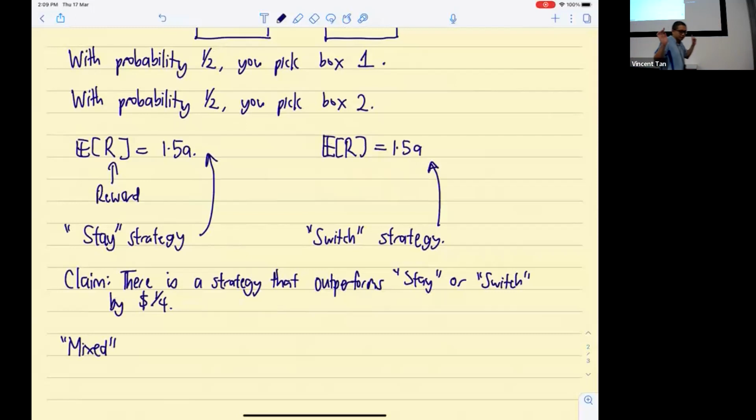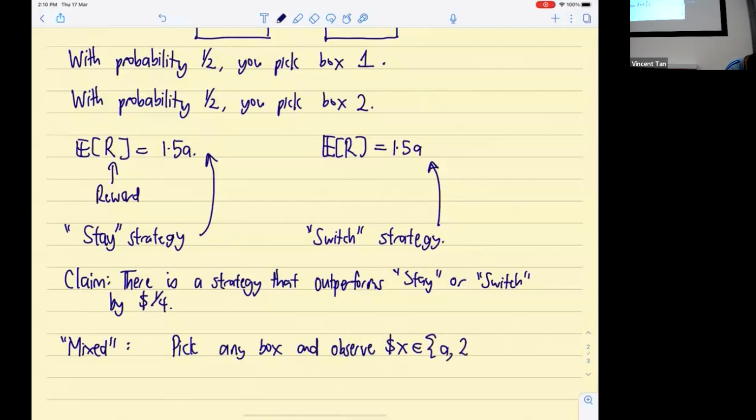So the strategy is the following. First and foremost, you pick any box you like, and you observe the money there. You observe X dollars there.